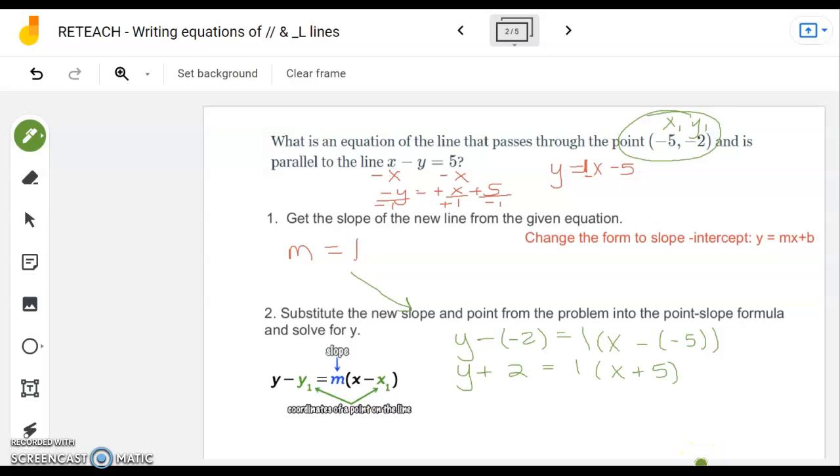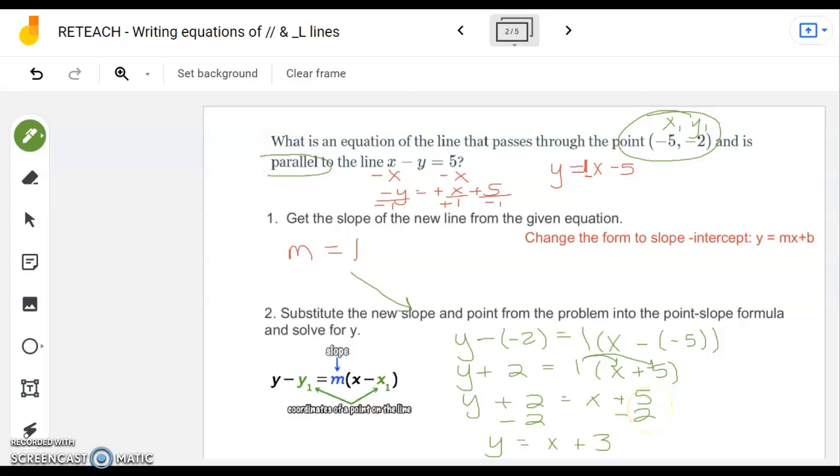Now anything times 1 is itself. So technically we would want to distribute that 1, but 1 times x is x, and 1 times 5 is 5. I just get what's inside the parentheses, x plus 5. Now I'm still going to solve for y, so I need to subtract 2 from both sides. And I get my new equation: y equals x plus 3. Now why did I use 1?